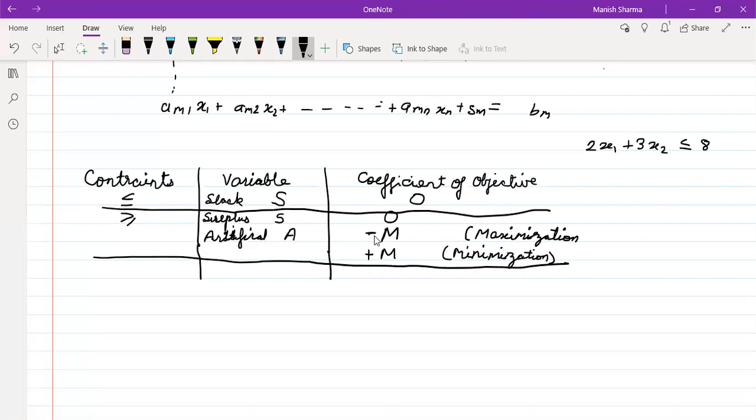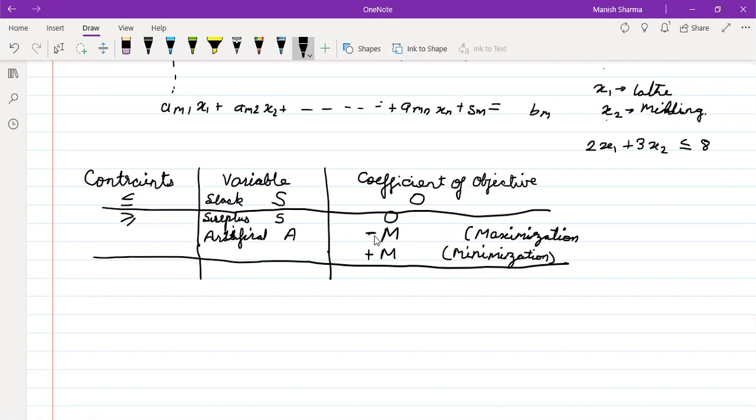Here x1 is my lathe machine, and x2 is my milling machine.